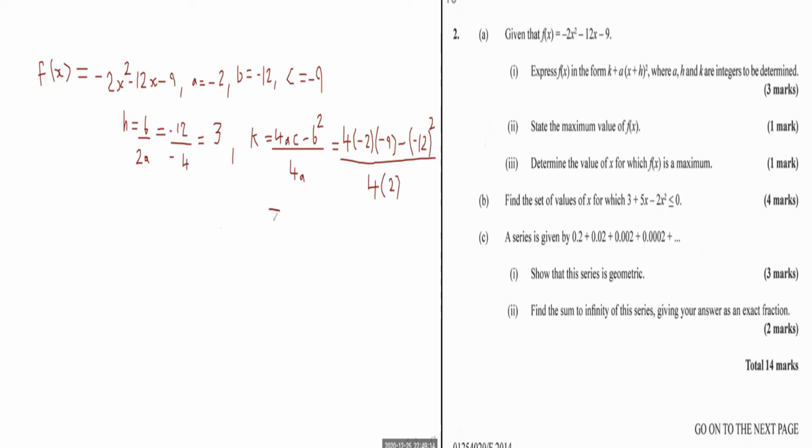So what does that give us? You put that in your calculator: 4 times negative 2 times negative 9 minus negative 12 being squared, all of that divided by 4 times 2. And that's positive 9.